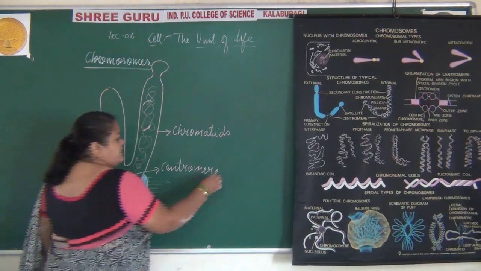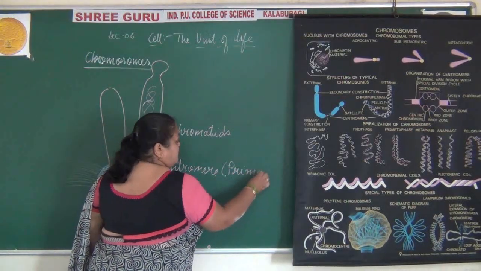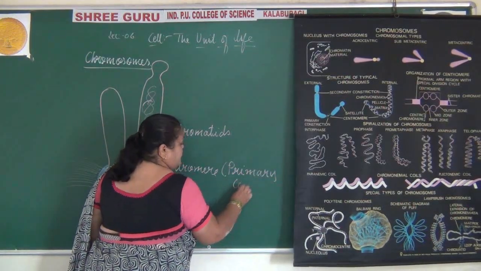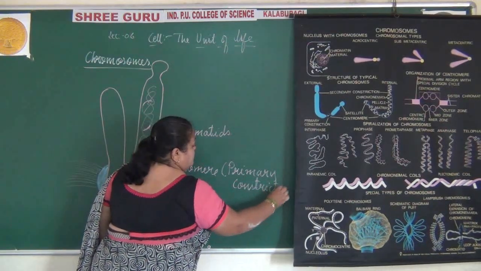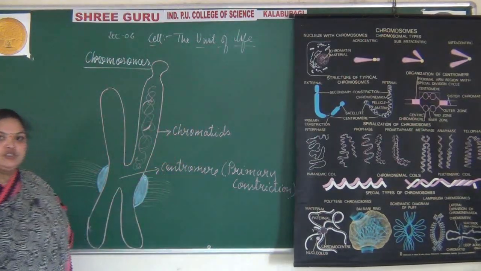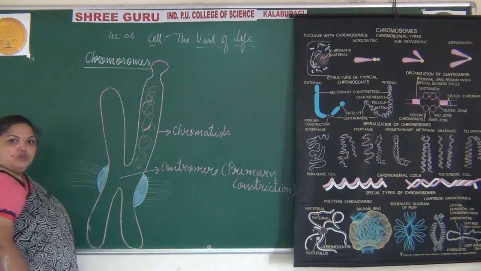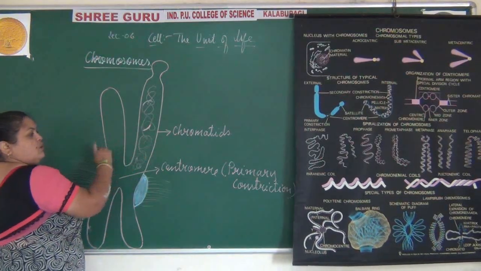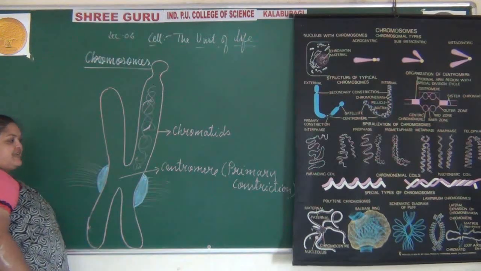This centromere is also known as the primary constriction. So the 2 arms of the chromosome, the 2 rod-shaped chromatids, are held at the center.